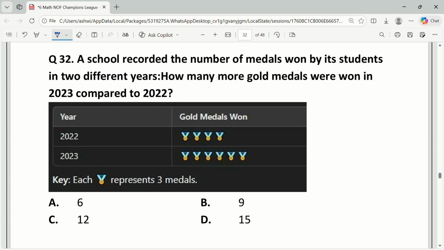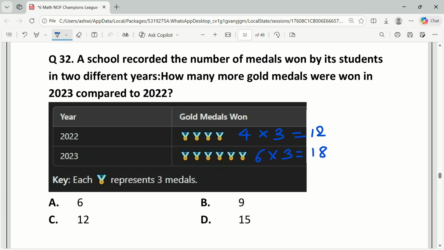Question 32. A school recorded the number of medals won by its students in 2 different years. How many more medals were won in 2023 compared to 2022? The key states that the symbol medal represents three medals. So the number of medals earned in 2022 is 4 keys into 3, which is equal to 12, and in 2023 is 6 keys into 3, which is equal to 18.